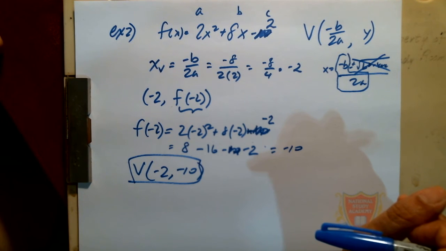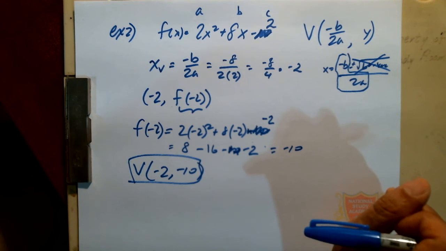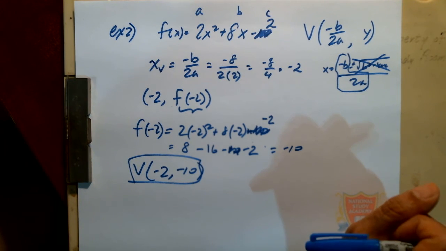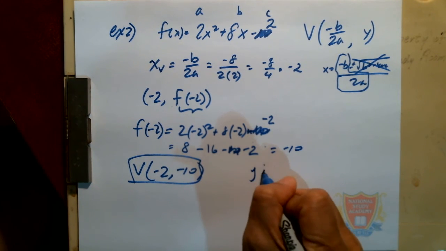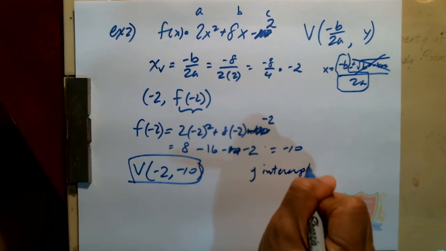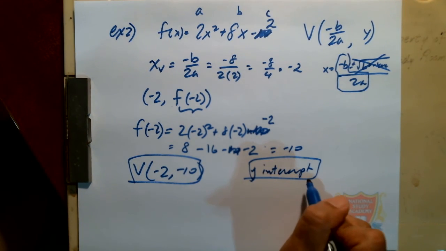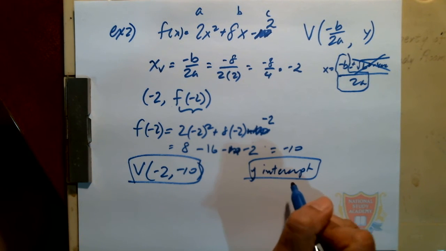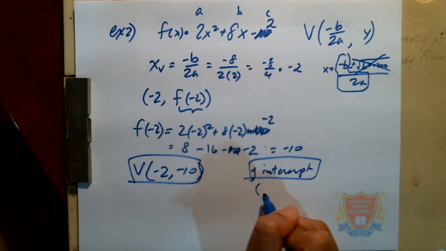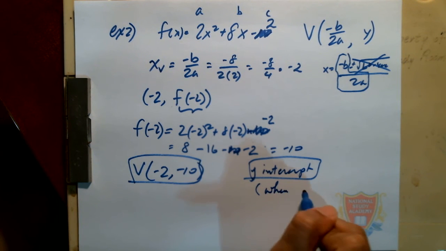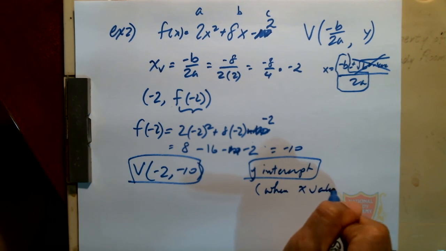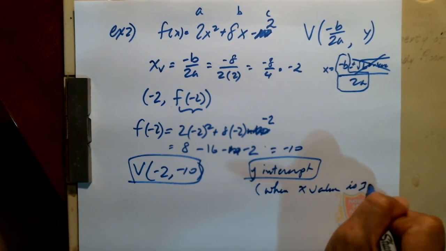Oh, what about something like this? They also want you to find one other thing as well. They want you to find your y-intercept. How do you find your y-intercept? What is the process by which you find it? Your y-intercept is when your x value is 0.